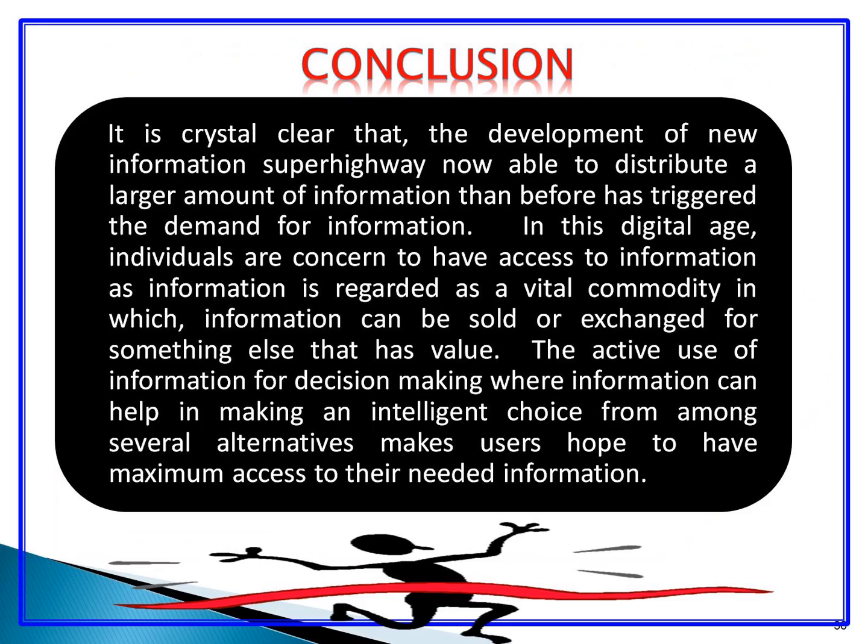In conclusion, guys, by having this development of information superhighway, now it is able to distribute a larger amount of information than before, which has triggered the demand for information among the users. Information superhighway is a term that refers to digital communication systems, the internet, the telecommunication, the network, all the technology that provides interactive services such as email, audio and video sources that can be accessed through computers.